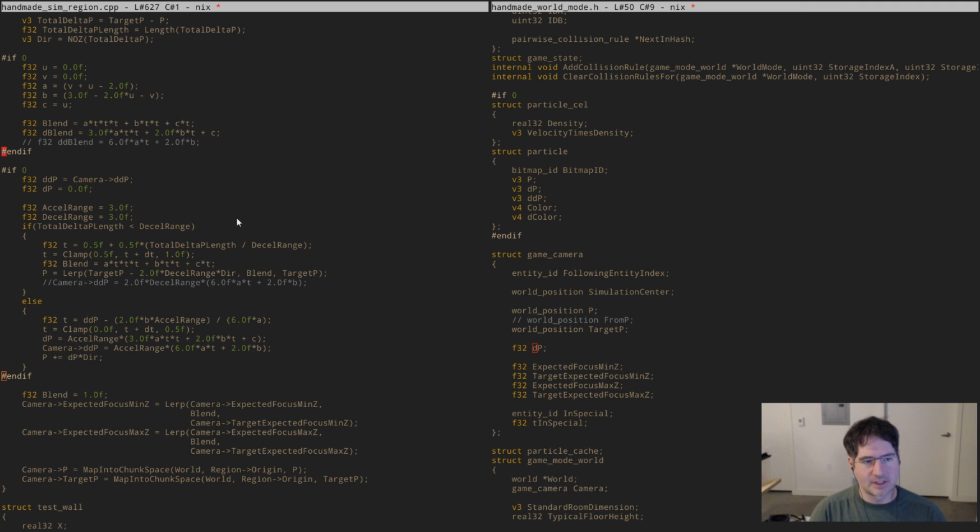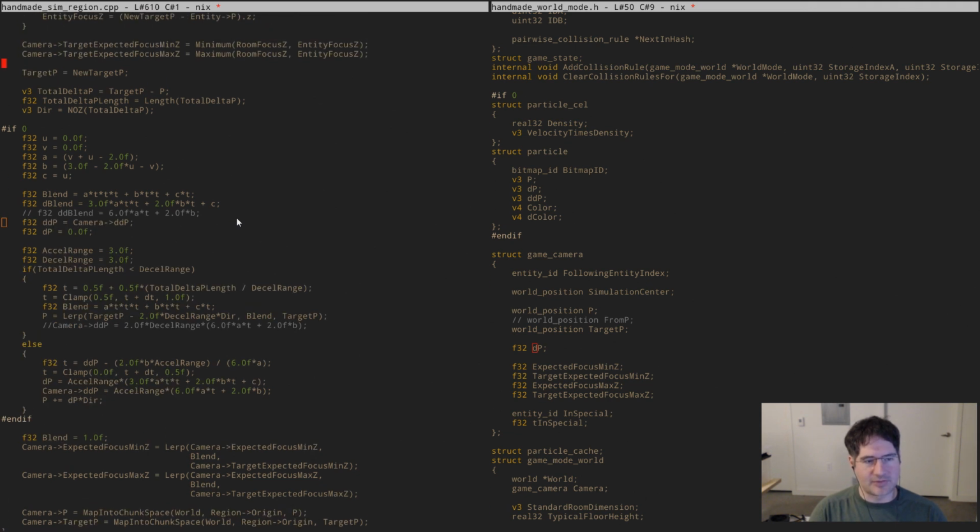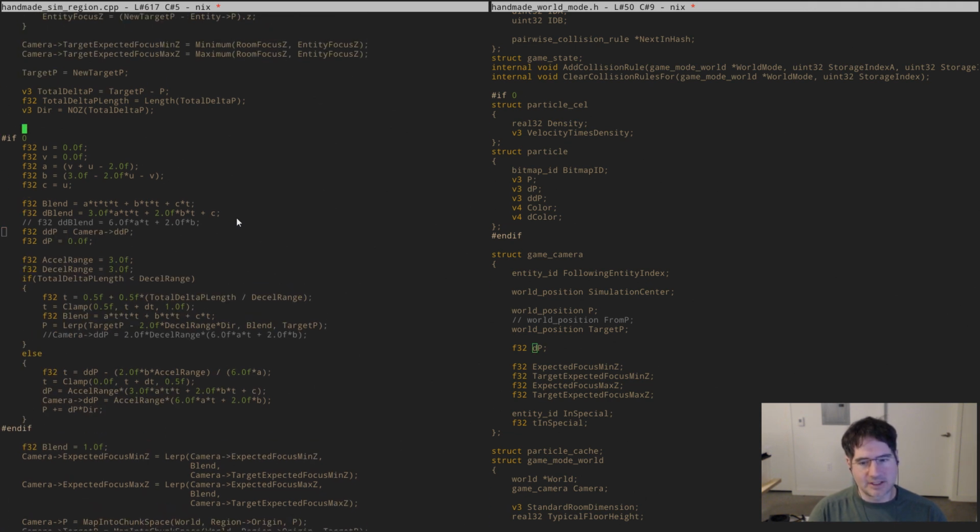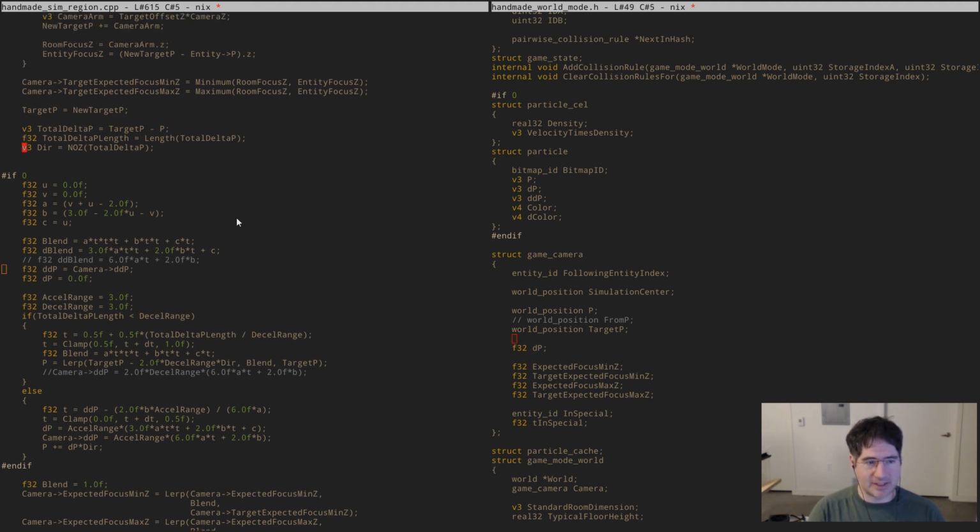So if I get rid of all of that stuff we were doing there, what I want to do here is look at the DP. I want to match my target's DP ideally as well, and we need to get that value from the game at some point.